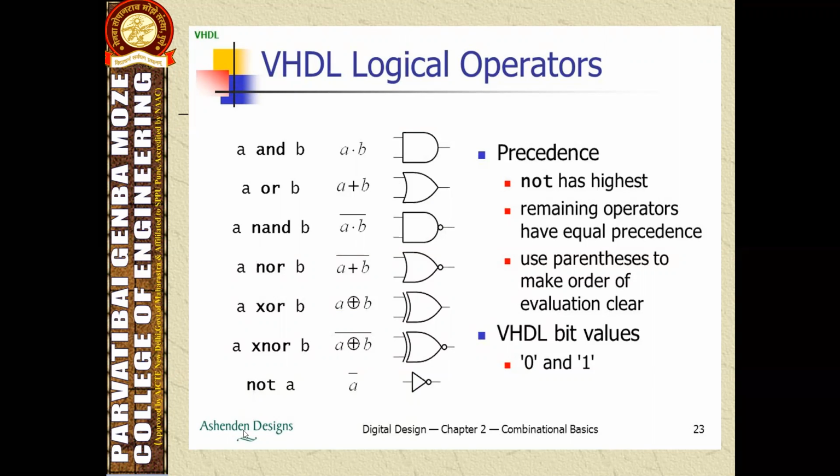For example, if I am doing an AND operation, here Z is my output, and I am performing the AND operation of A and B. There are two terminals in the AND operation, A and B. So in a logical operation, the operator should always appear on the right hand side of the assignment operator.